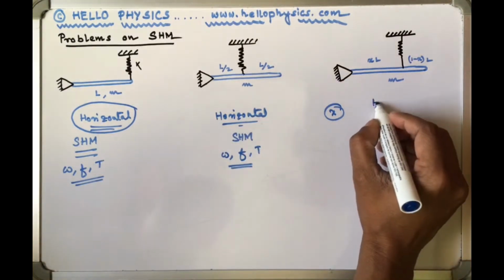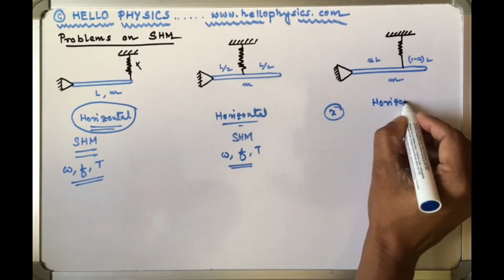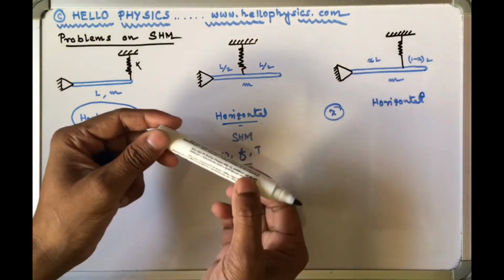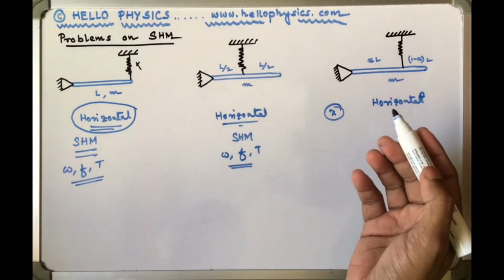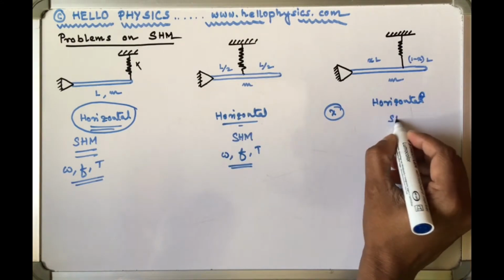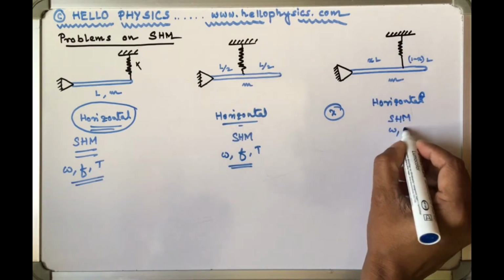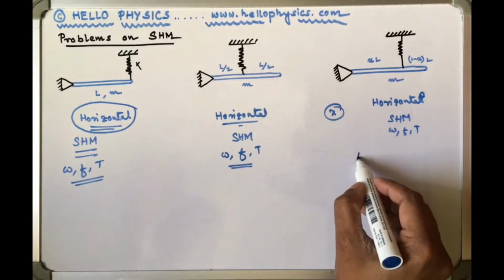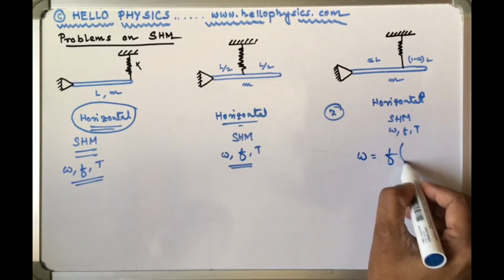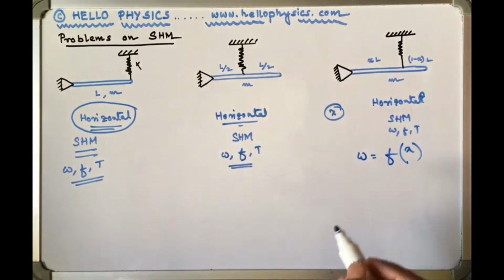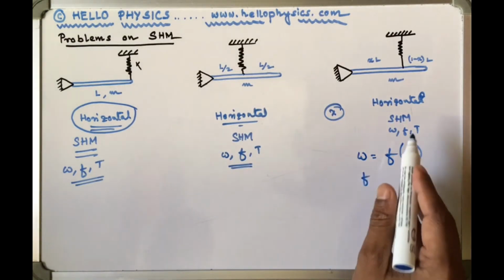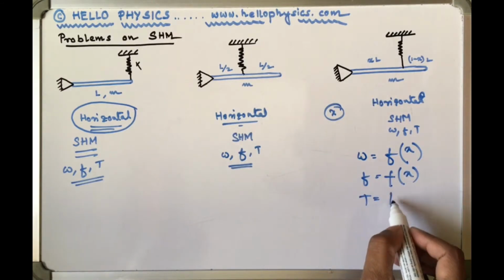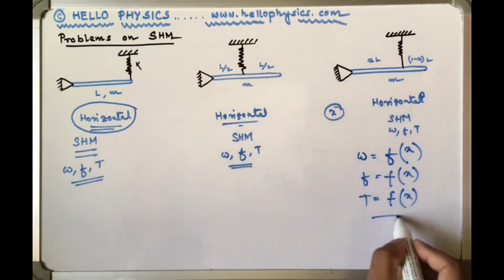That is, initially the rod is horizontal, and you have to find out if the rod is given a small disturbance, whether it undertakes a simple harmonic motion, and if it does so, you have to find out omega, F, and T. Once you have found out, you would see that possibly omega is a function of x. Possibly frequency is a function of x. Time period is a function of x.